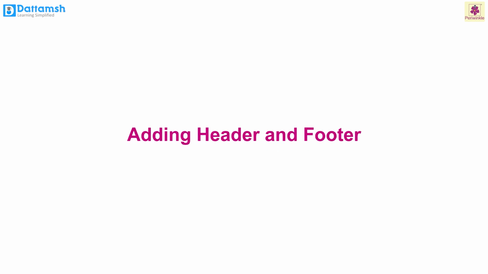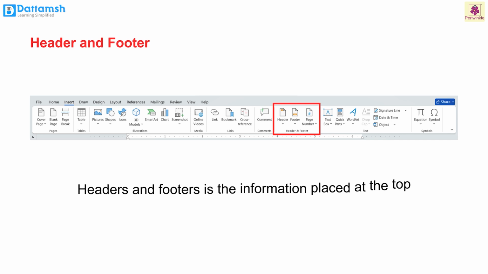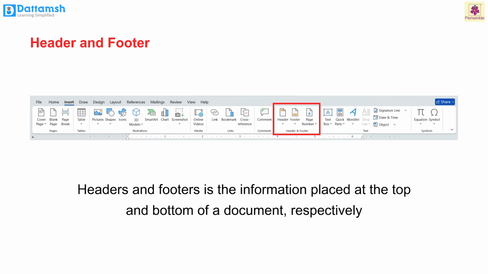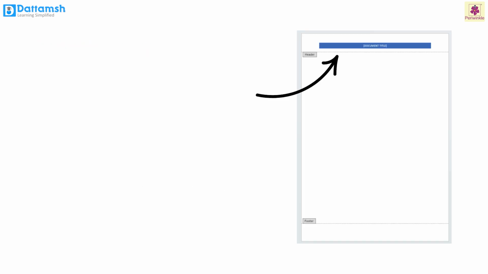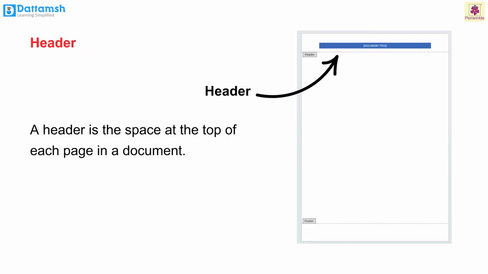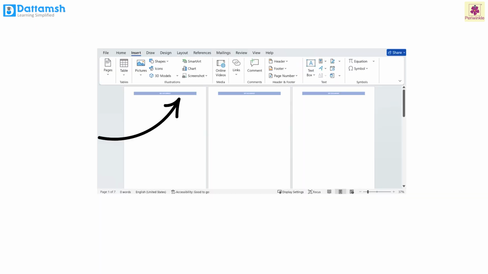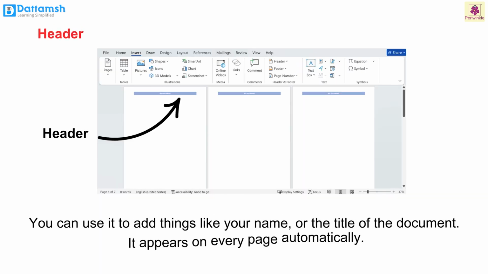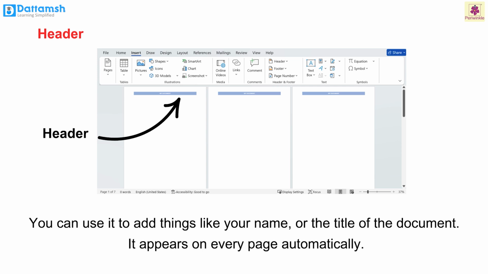Students, now we will learn about adding a header and footer. Headers and footers are information placed at the top and bottom of the document respectively. Header. A header is a space at the top of each page in a document. You can use it to add things like your name or the title of the document.